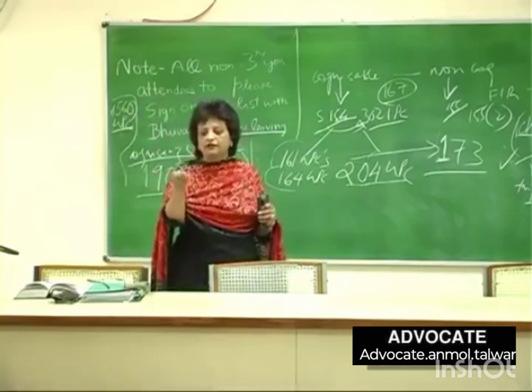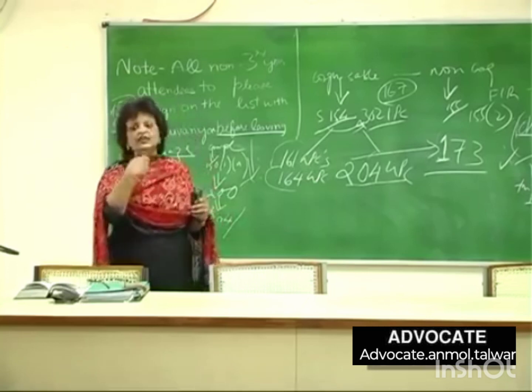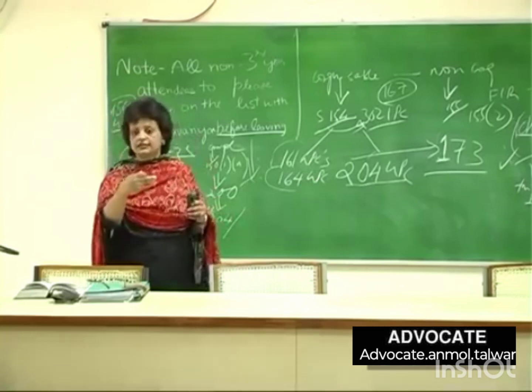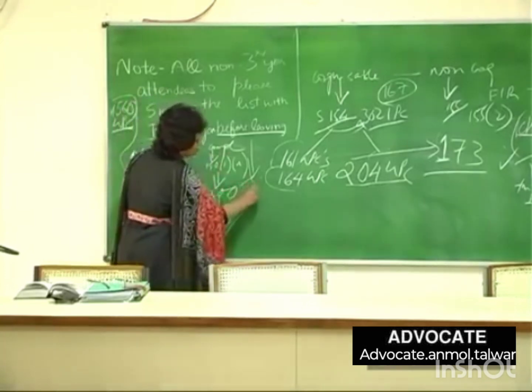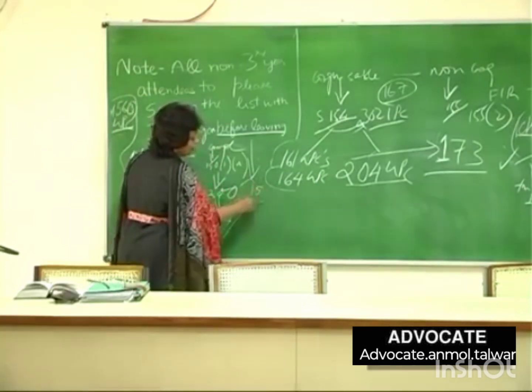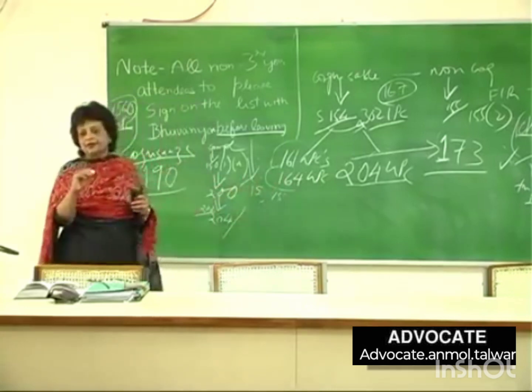If they don't want me any further, they can say send her to judicial custody. But if they want to interrogate me, they will ask for police custody. And the magistrate will continue to remand for periods of 15 days at a time, maximum of 15 days at a time.